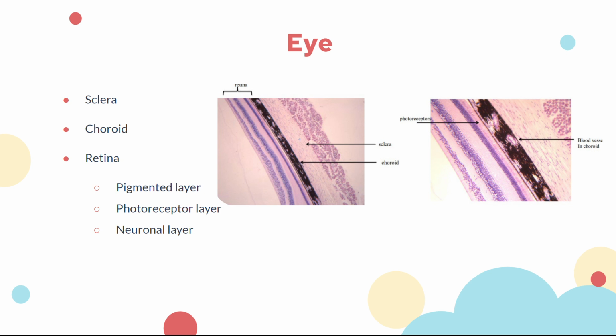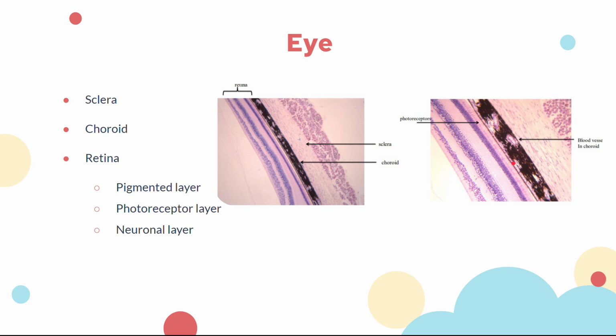And then our photoreceptor layer is that thin line. And our pigmented layer is going to be right here, and then our neuronal layer is these three sections.